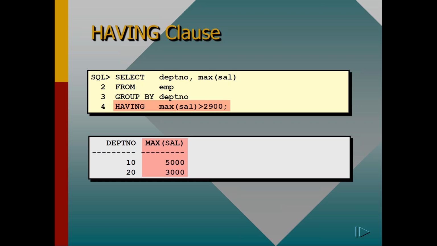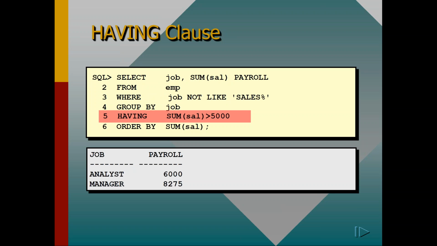So there is also another usage of having shown here, a rather large query. What do you guys think this query is trying to show? Somebody want to take a minute and try to describe what this query is trying to do?